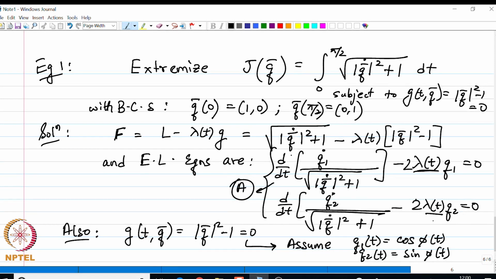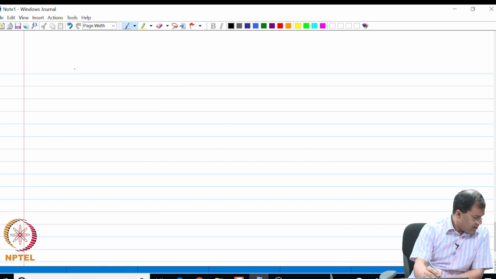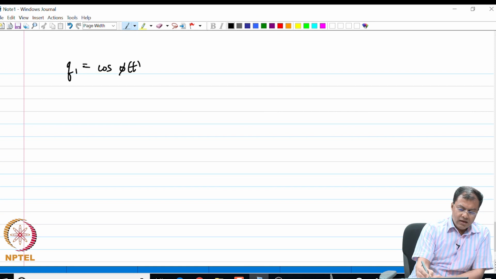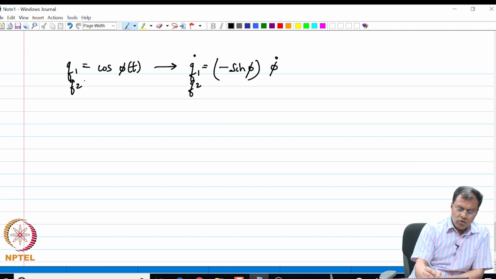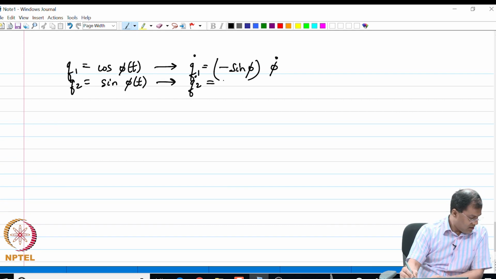So, we have two unknowns, phi and lambda, and two equations given by A. We directly substitute these two quantities in A. If q1 is cos of phi of t, then q1 dot is minus sin phi times phi dot, and if q2 is sin of phi, then q2 dot is cos of phi times phi dot.